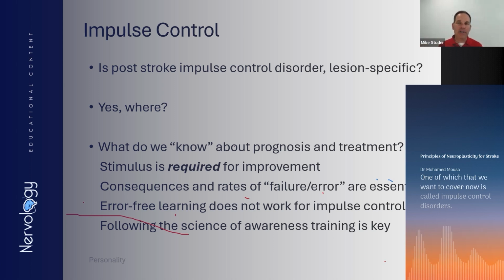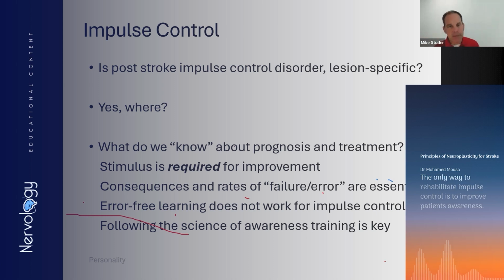Along the way, we've talked about other forms of cognitive impairment, one of which that we want to cover now is called impulse control disorders. Now, we do know that patients that experience a frontal lobe lesion, especially the inferior frontal lobe, are more likely to have reduced impulse control. The same is also true for the right parietal lobe, as we talked about earlier.